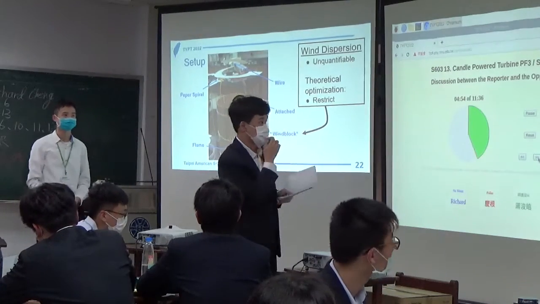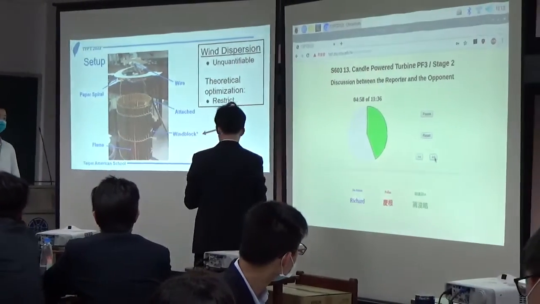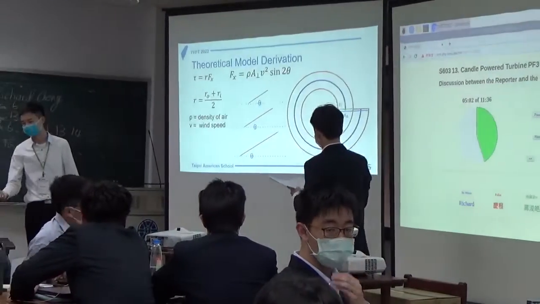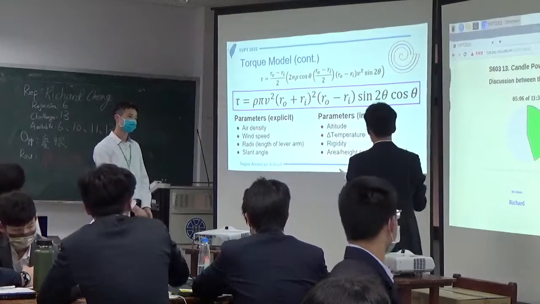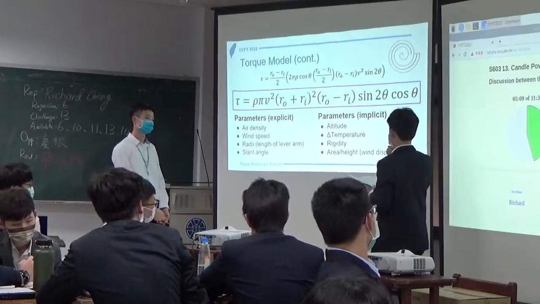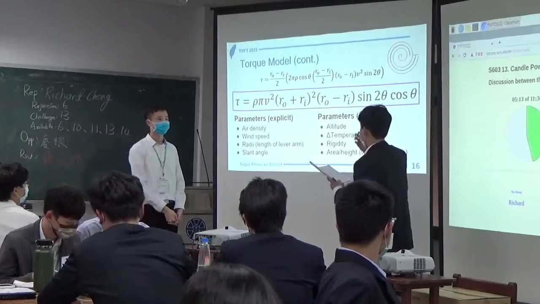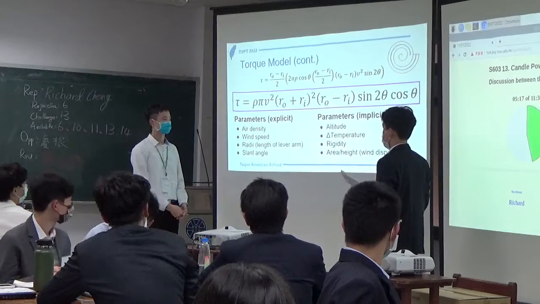Okay, thank you. And next, I would like to talk about theta one. Can you show us your equation again? You said that you cannot simply calculate or measure this one. How do you prove that this equation actually fits the real situation?